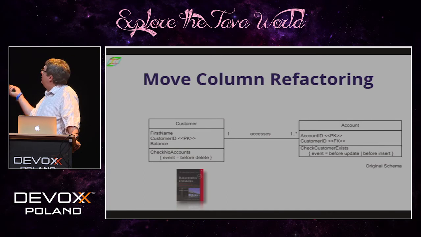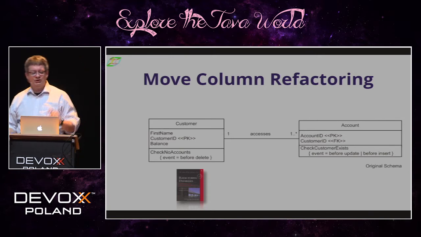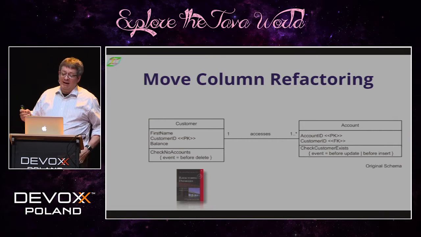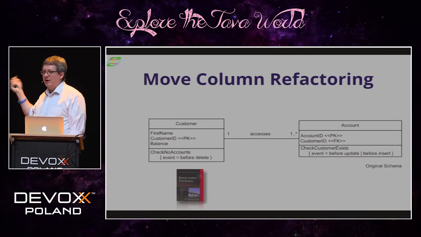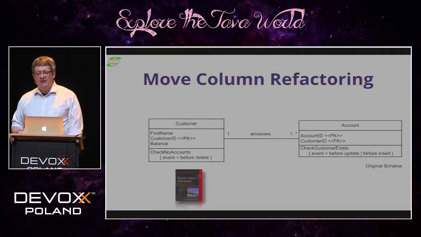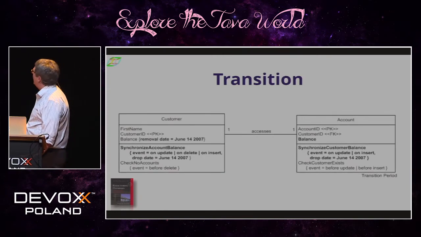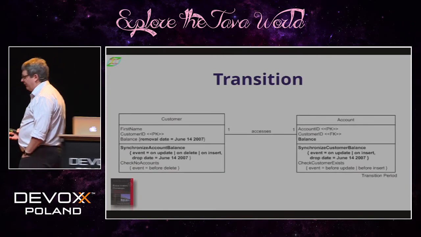Balance really should be on account, but it was placed on customer for some reason several years ago, and now applications A, B, and C rely on balance on customer, and application A really needs it on account, but I can't just make that change without breaking B and C at the same time. So this is called the expand and contract pattern for database refactoring. This is the transition period for this refactoring.